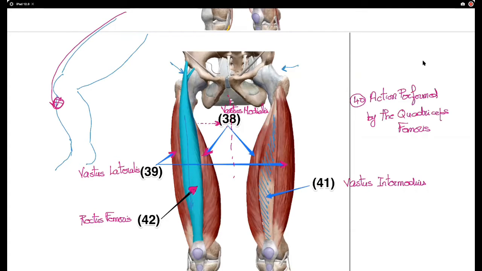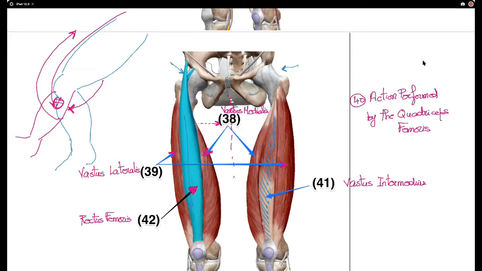So when I pull the tibial tuberosity towards the origin, what's going to be the movement that I will be performing? I will be pulling the leg forwards like this. This means I will be increasing the angle of the knee joint.